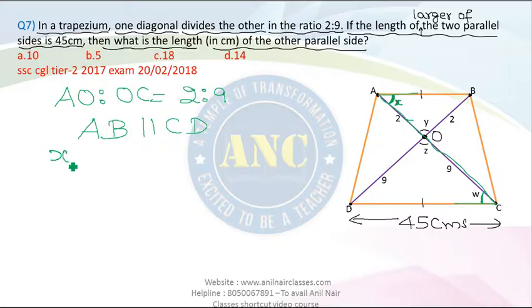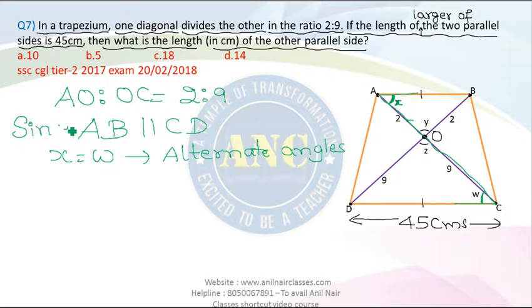Angle X is equal to angle W. Why? Because the Z notation represents alternate angles, and they are alternate because AB is parallel to CD.